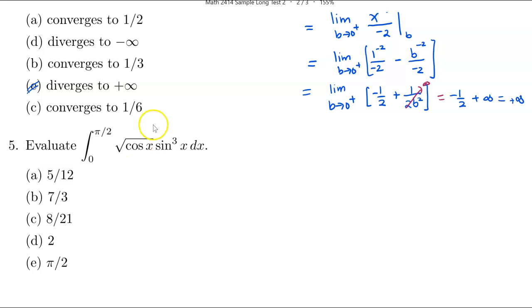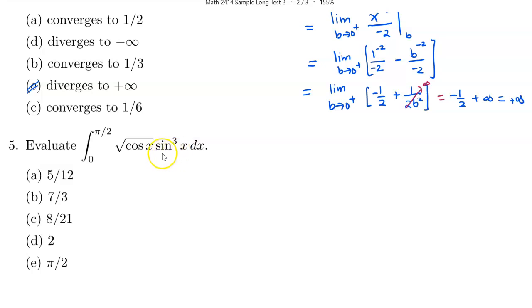Now, whenever you have sine and cosine, this is on trigonometric integrals, you look at the expression with an odd power. In this case, that will be sine cube x. The power of cosine here is 1/2, so that's a fraction.